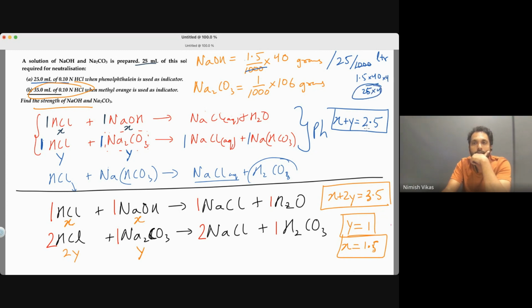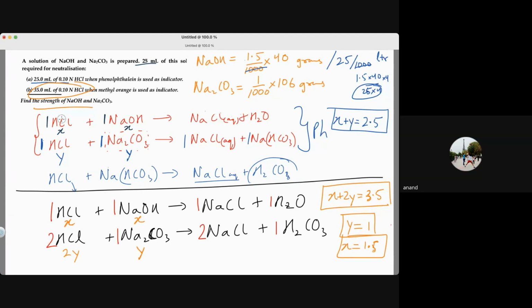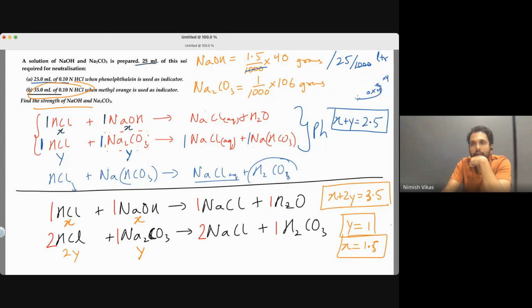This becomes 100. On top, 4 into 1.5 is 6, and 6 into 4 is 24, so 640 divided by 100. So 6.4. Is that clear? Yes, sir. So that is the calculation, but obviously we are not doing maths, so you understand that.